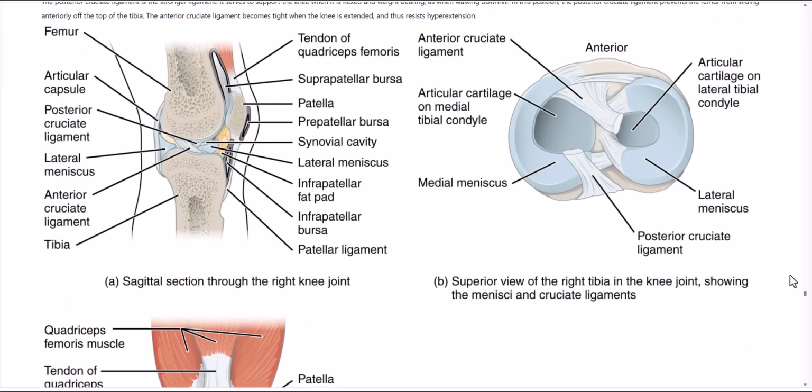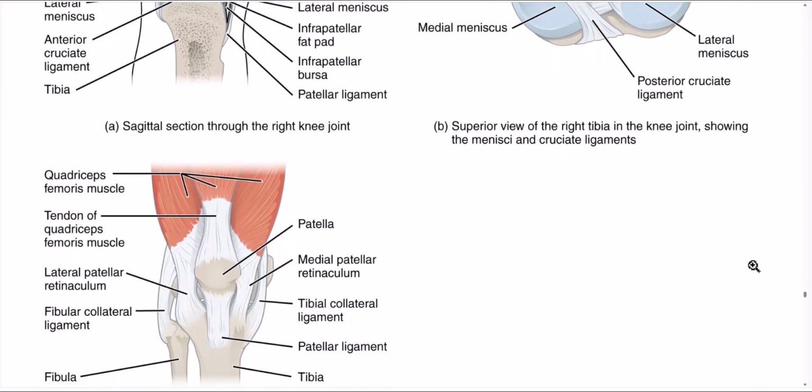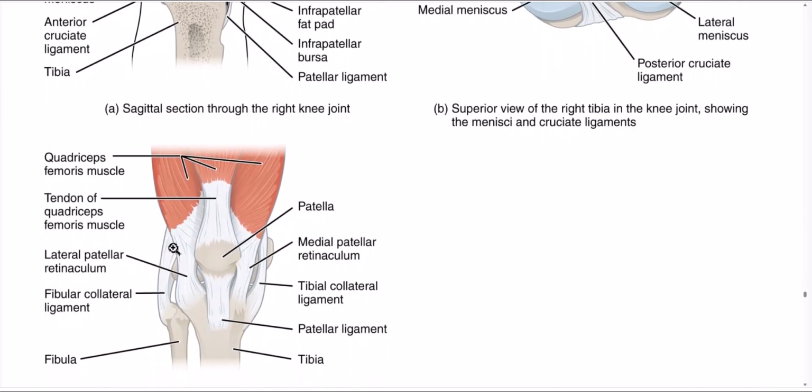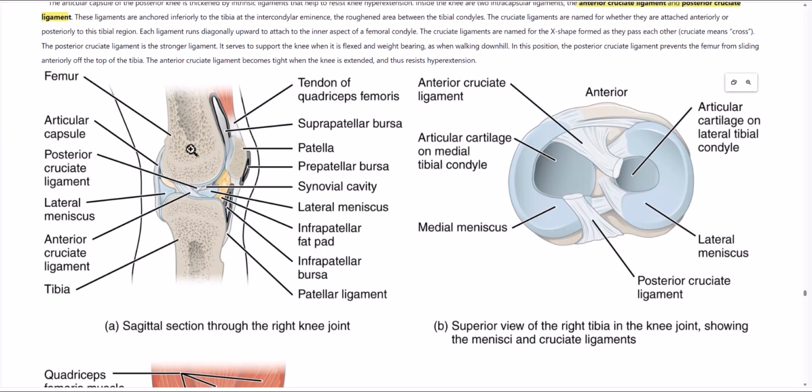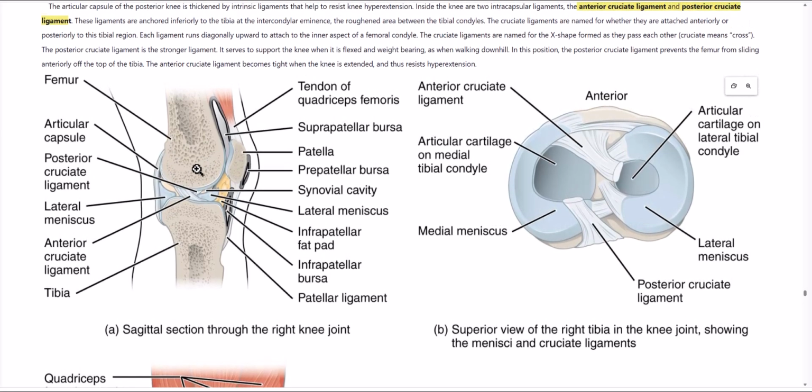I should say too, while we're there, for more bone markings, let me go back up. The collateral ligaments are attaching to the epicondyles on the femur.